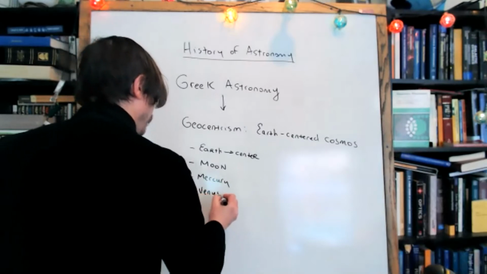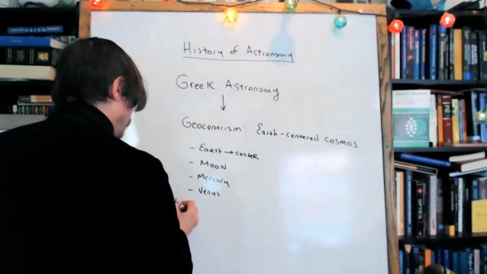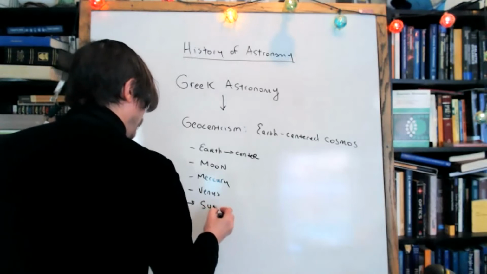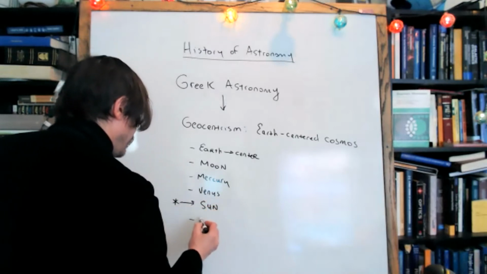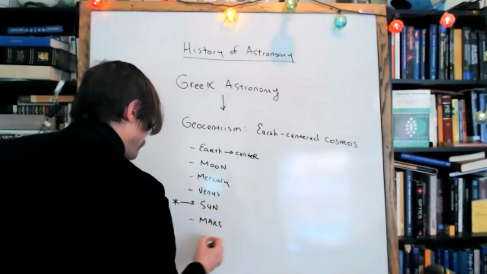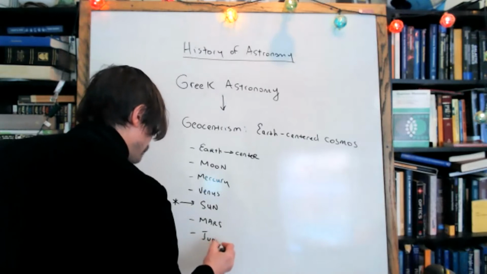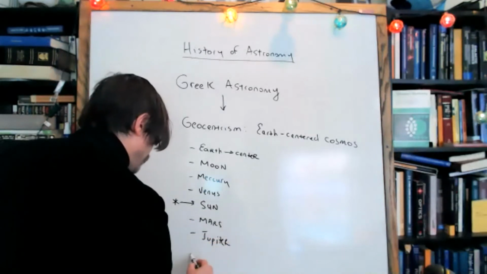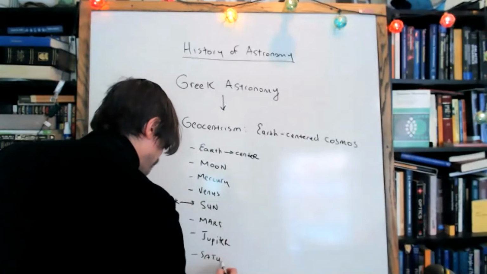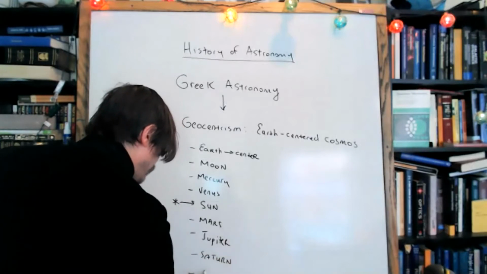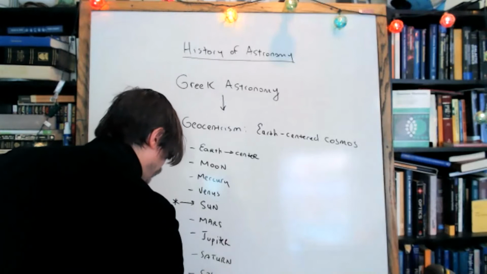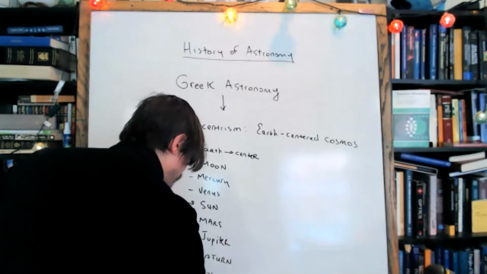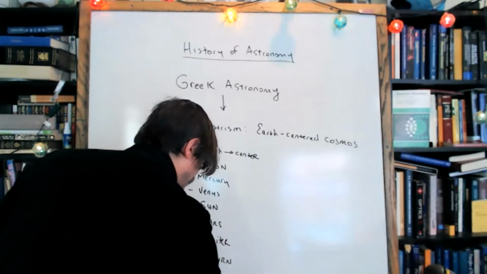So Earth, Moon, Mercury, Venus, then came the sun, then Mars, Jupiter, Saturn, and then what we would call the sphere of fixed stars.